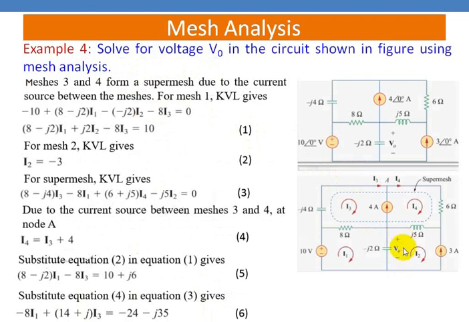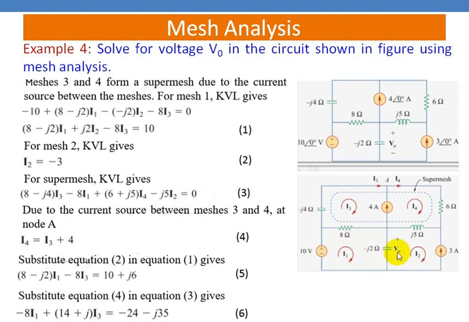Then you are asked to find V naught, and the polarity is marked here. So already you know I2, only you have to find out I1. If you find I1, you can find out V naught. So V naught will be equal to I1 minus I2 into minus j2. That is, see here, this I1 is flowing from top to bottom.